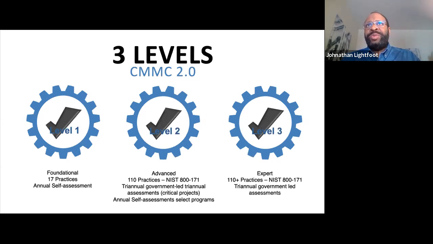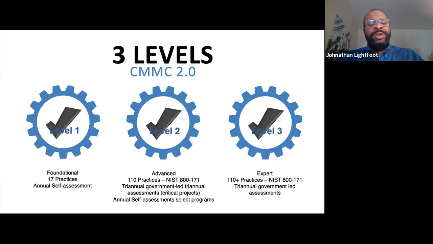Now, to get this one, however, it is not going to be a self-attestation, nor will it be done by a certified third-party assessment organization. This will be done by the government itself. DoD themselves will come in and do the inspection to vet a company at the level 3 standard.